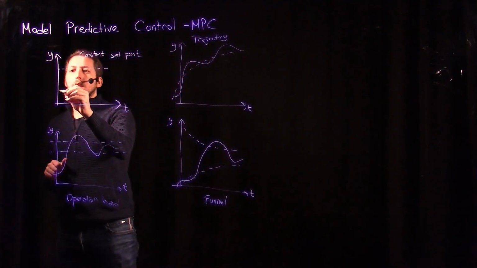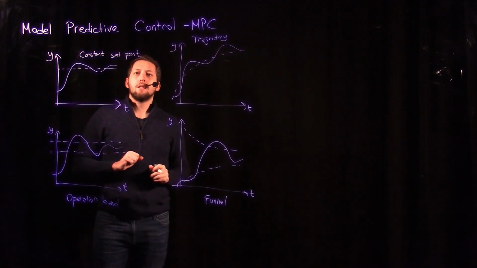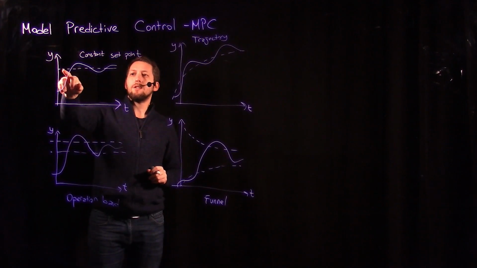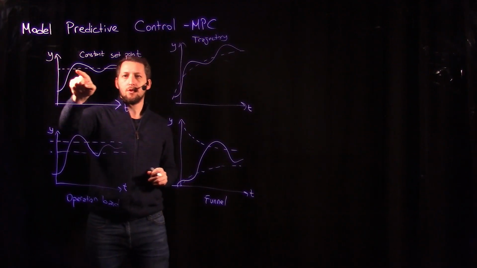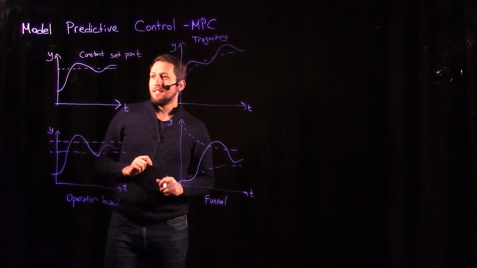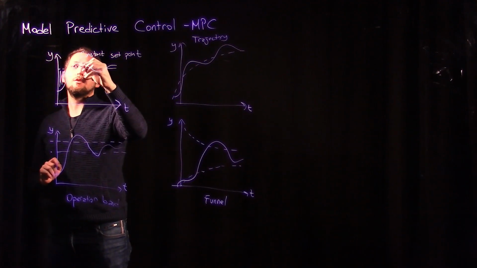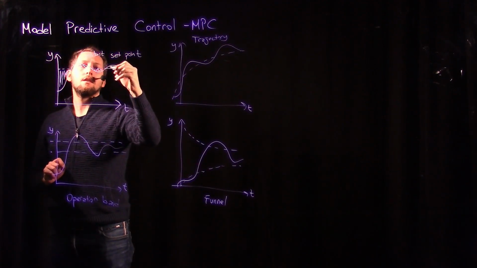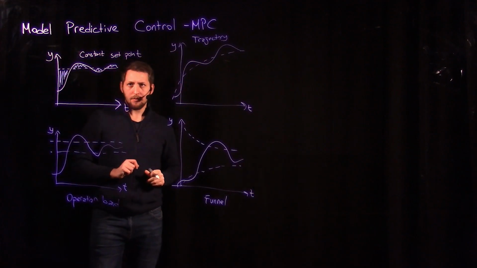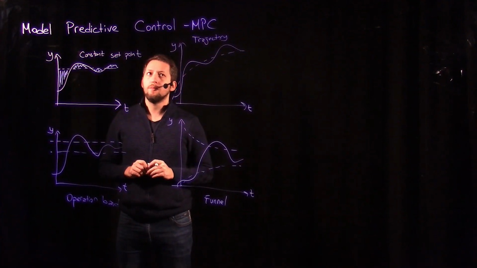I have sketched some of them here. For example, the first one is the constant set point. So you have a certain value that you want your system to stay at forever. In this case, the values here should be punished, like this one here. This is also briefly what I mentioned in the previous slides.